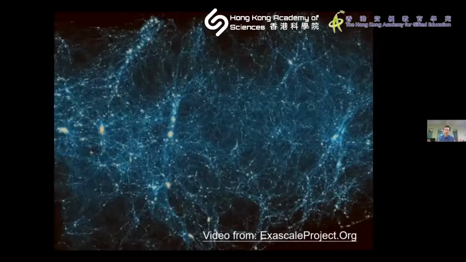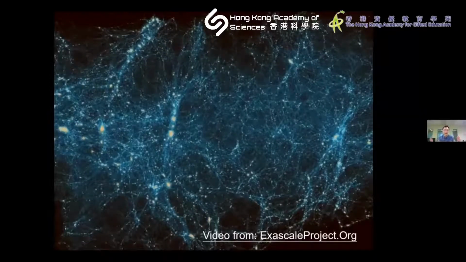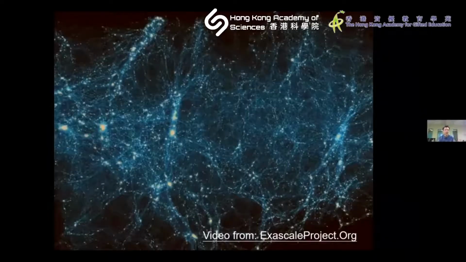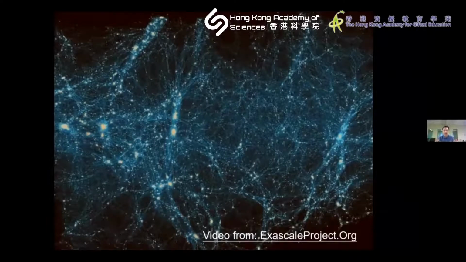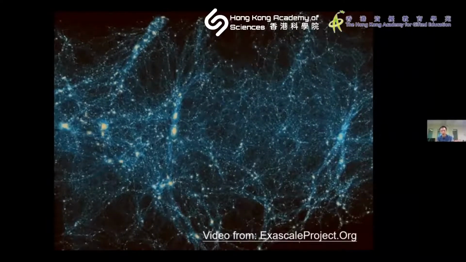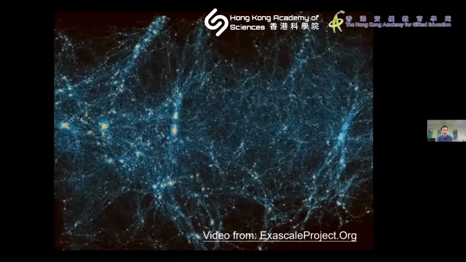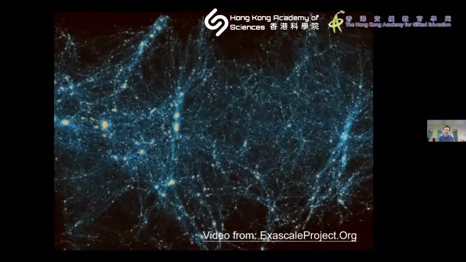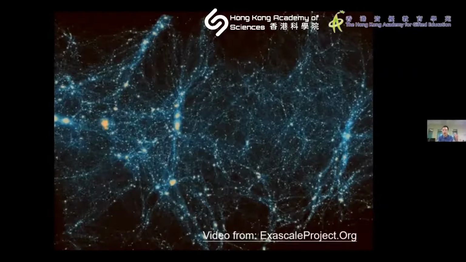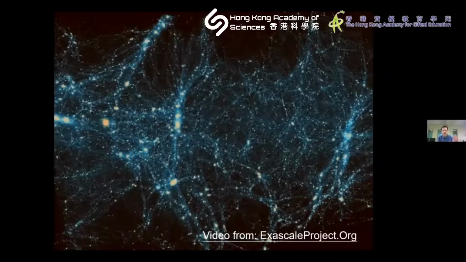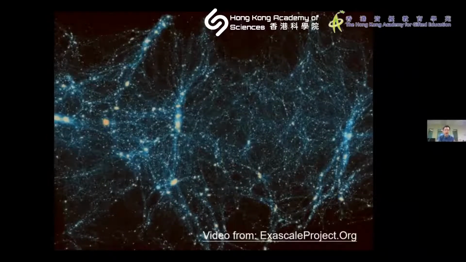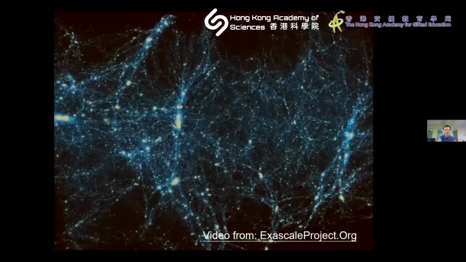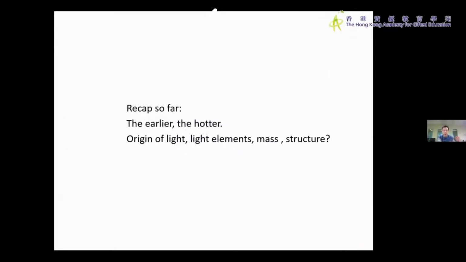Starting from very little structure, step by step, because of gravitational instability, the structures develop, and eventually we end up with a universe full of structures, full of galaxy clusters and also galaxies. So this is our universe.